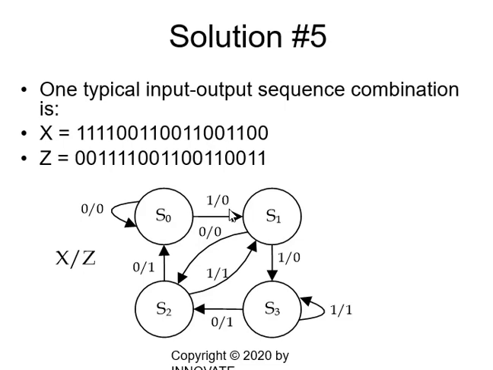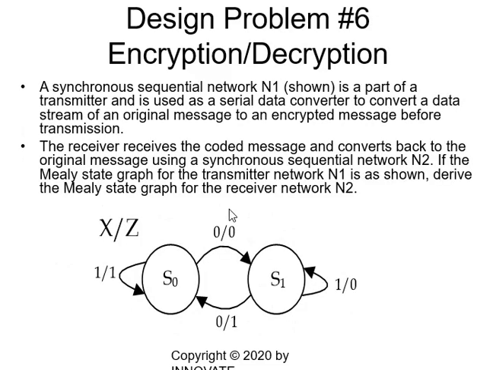Now, a very interesting design is the next problem. This is how encryption and decryption is done with a finite state machine. We have a machine at the transmitter side to encrypt the data and set an encryption scheme.